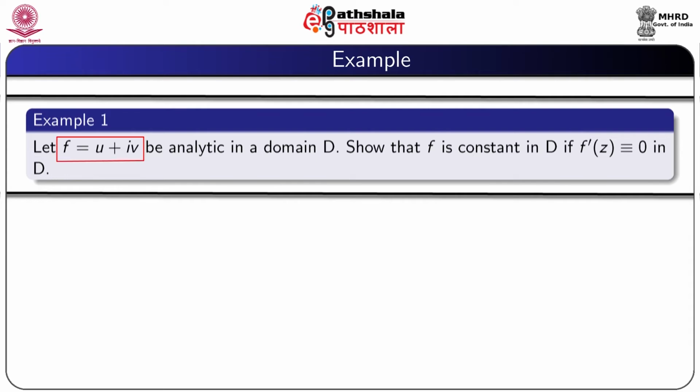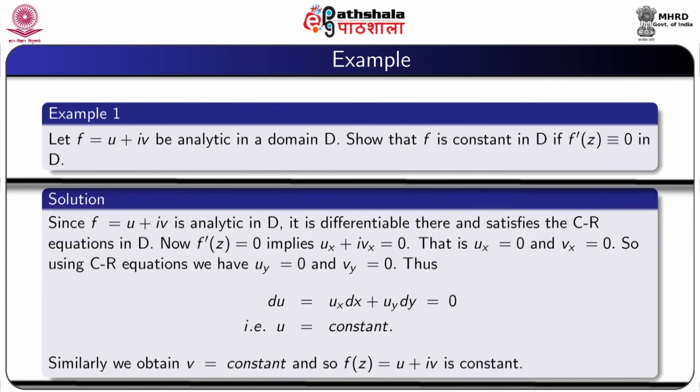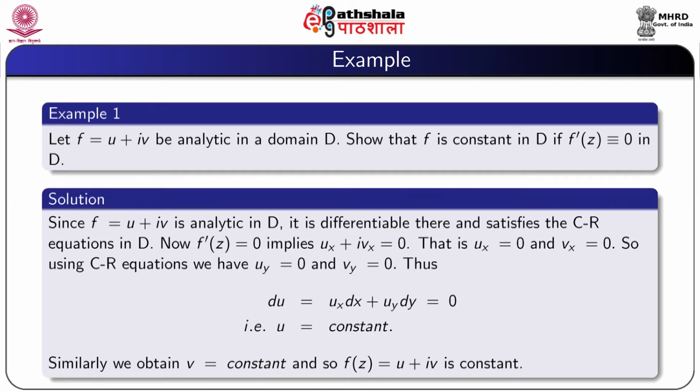Let f equal to u plus iv be analytic in a domain D, so that f is constant in D if f dash z is equivalent to 0 in D. Since f equal to u plus iv is analytic in D, it is differentiable there and must satisfy the Cauchy-Riemann equations in D. Now, f dash z equal to 0 implies ux plus i vx equal to 0.